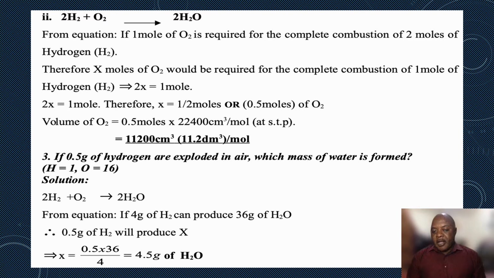So from the equation, if 4 grams of hydrogen can produce 36 grams of water, because it is 2 moles, hydrogen has a mass of, times 2.